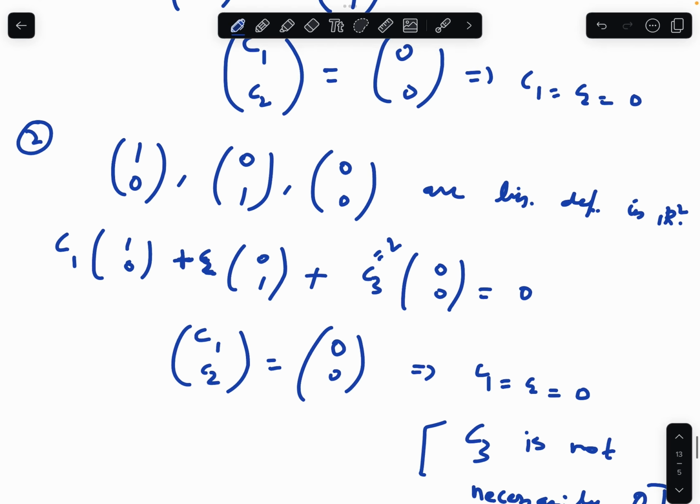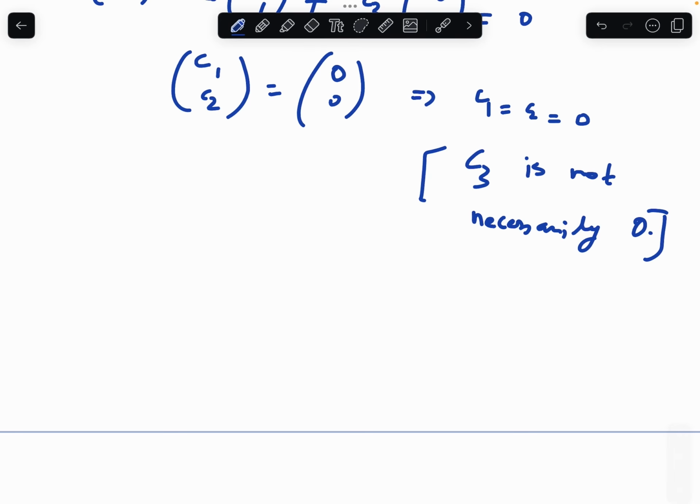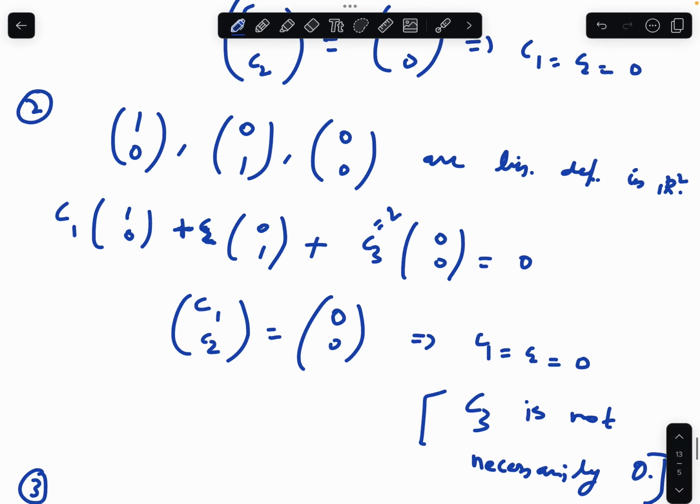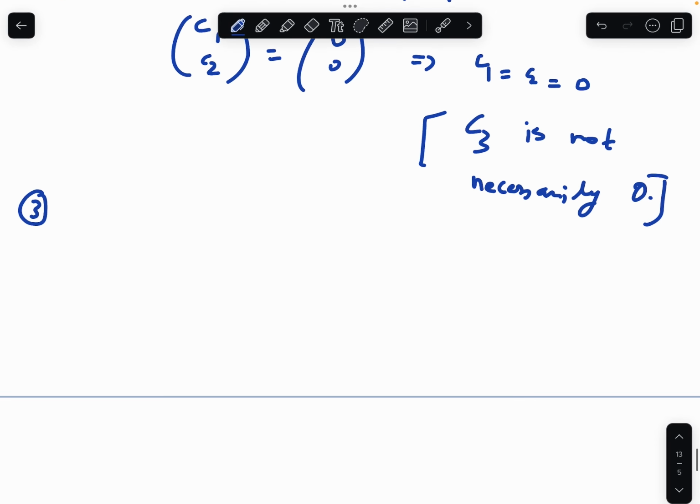Now, let's take some more examples. How about 1, x and x square in P2(x)?